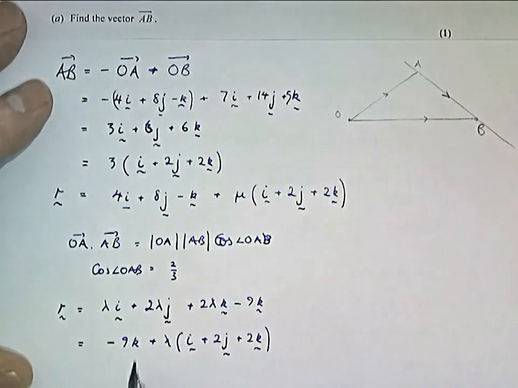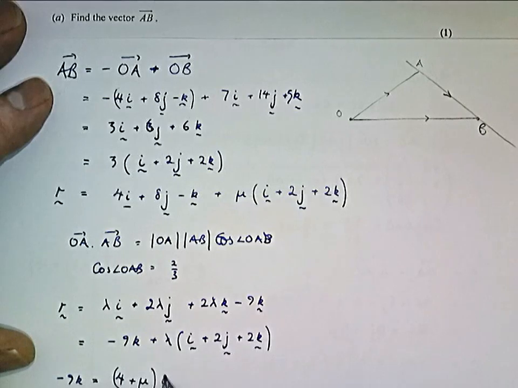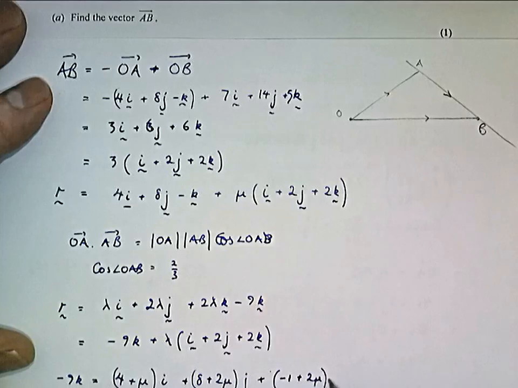Well, if it does, then minus 9k would equal our first one, which is (4 plus mu)i plus (8 plus 2 mu)j plus (minus 1 plus 2 mu)k.